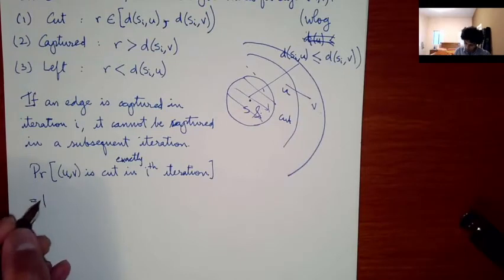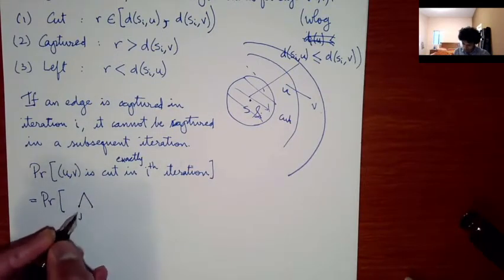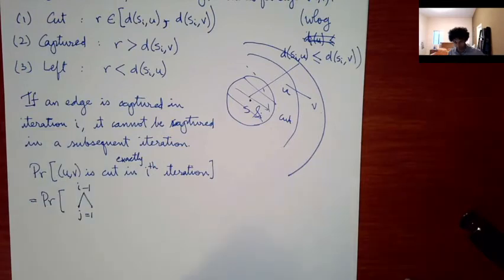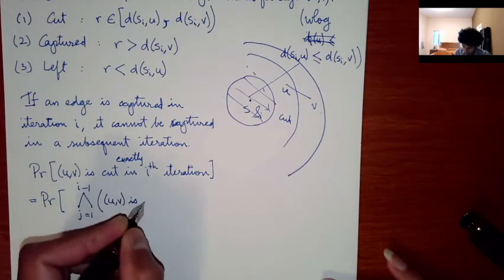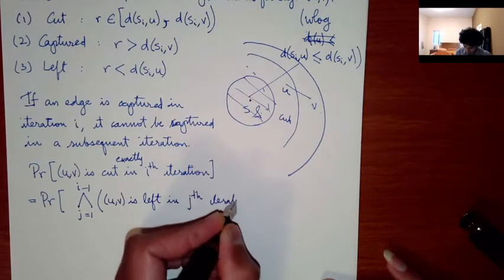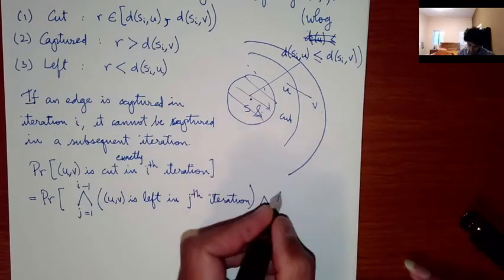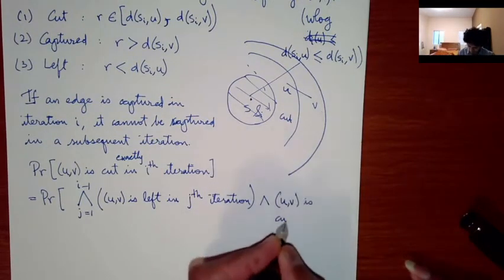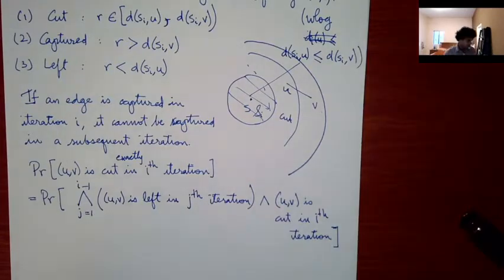So this is the probability of the intersection of a collection of events: the intersection, for j going from 1 to i minus 1, of the events that uv is left in the jth iteration, and uv is cut in the ith iteration. This is what needs to happen.